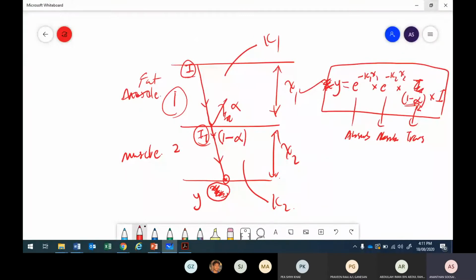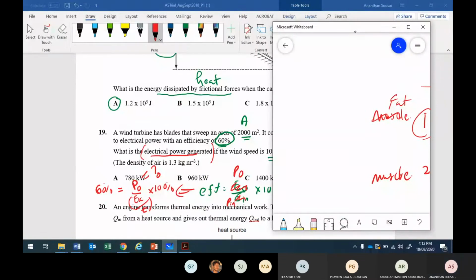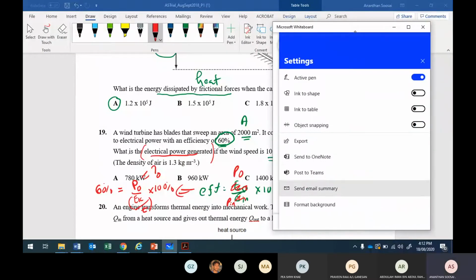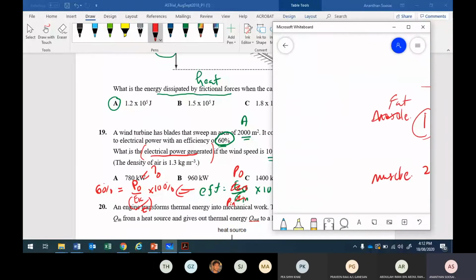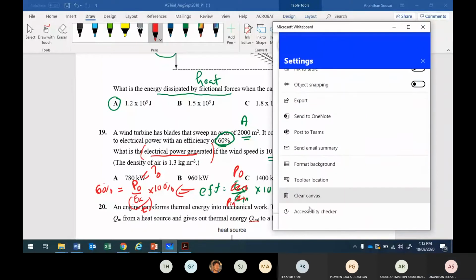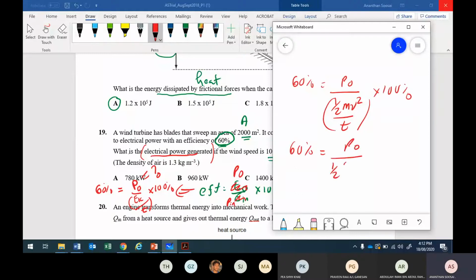Okay, let me go to the whiteboard. So the thing is, right here, 60% equals output over input. Kinetic energy is half mv squared over the time, times 100%. So 60% is output over half m v squared over t.